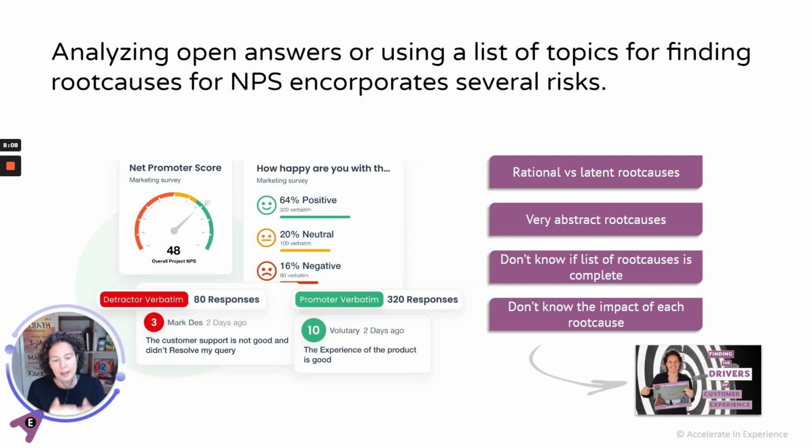So if you have a list of root causes from all those open text analyses, you still don't know, but what's the impact of each root cause? If you use those smart statistics, then you know, for example, hey, giving personal attention in journey X is 5 times faster to increase the NPS or satisfaction than, for example, starting to improve the My account and the online environment.